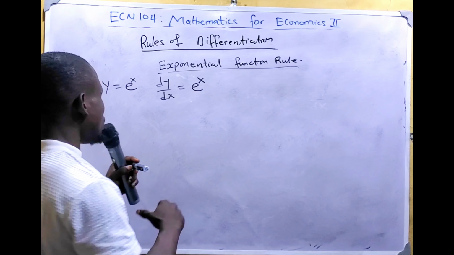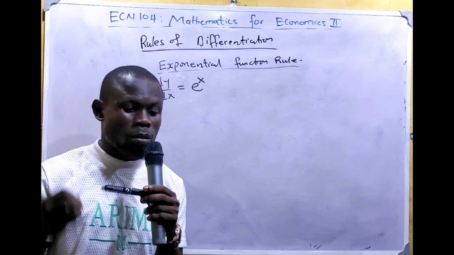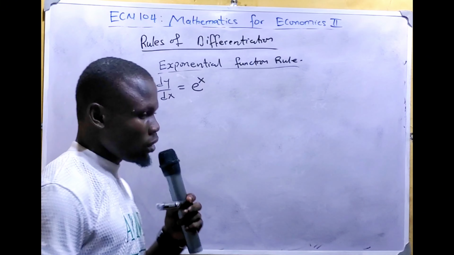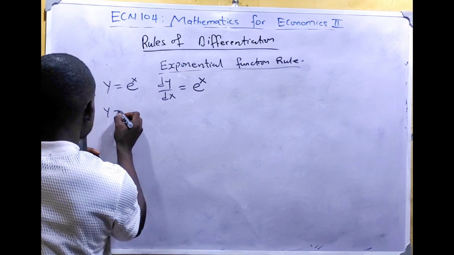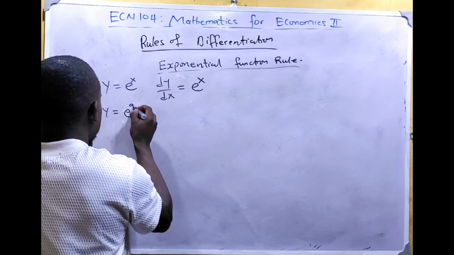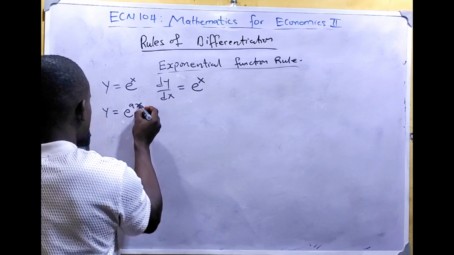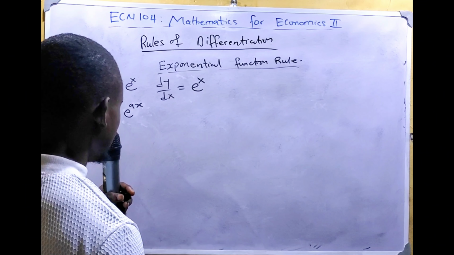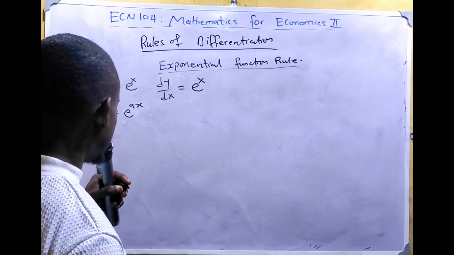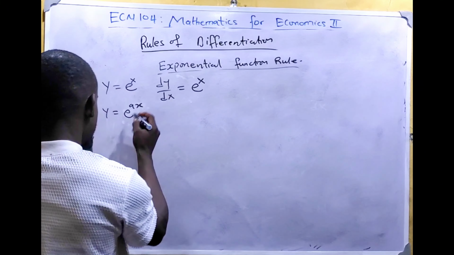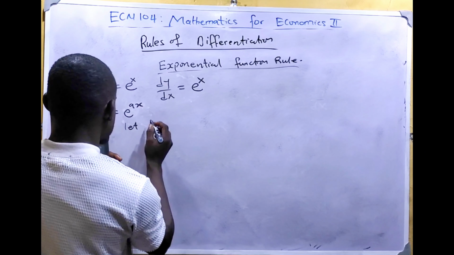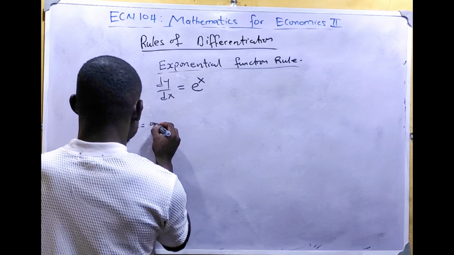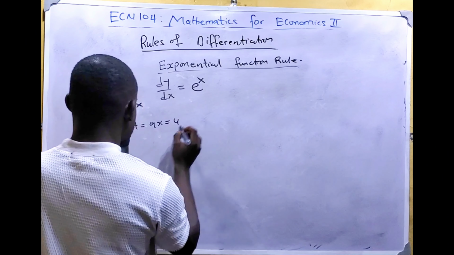In most cases, when you have the exponential function rule, you are to apply the chain rule. To make it easy, let's illustrate. Let's say we are given y equals e raised power a x. So the first step is, let a x equal u.